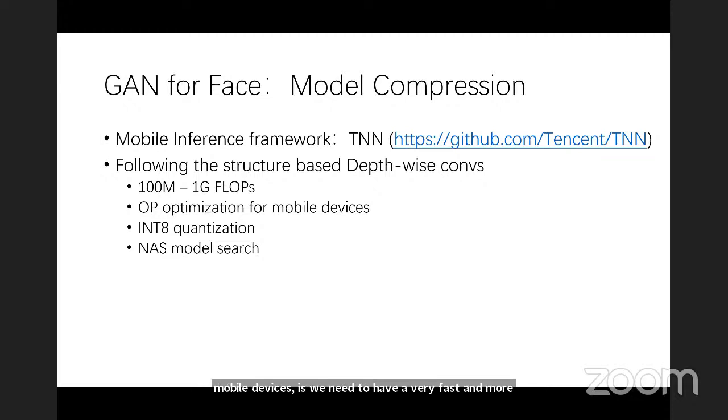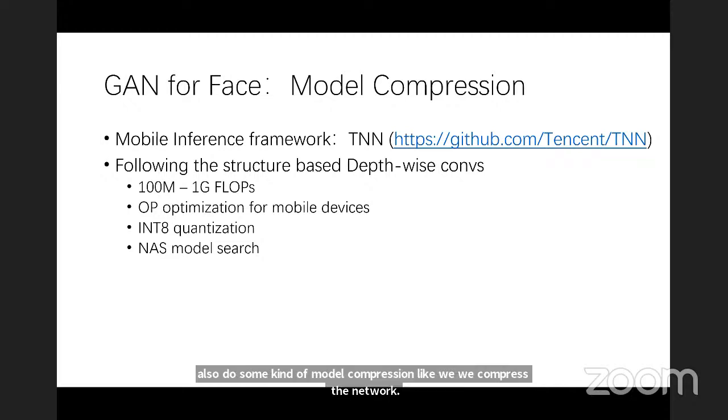For example, in our case, we use TNN. This is an open source inference framework. It is very fast for different kinds of mobile devices. Besides the inference framework, we also do some model compression, compressing the network so that we can run efficiently on mobile devices.